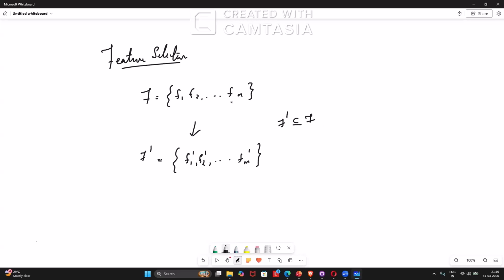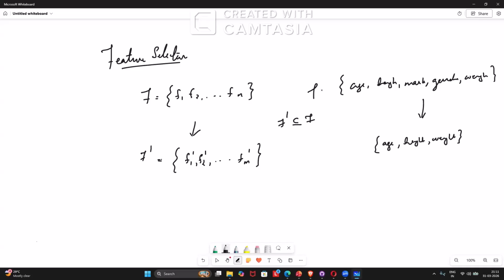Suppose we have a feature set like age, height, mark, gender, weight. From this, I am concluding that for my problem, the only things needed are height and weight.